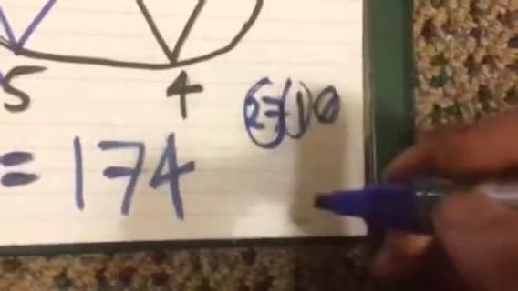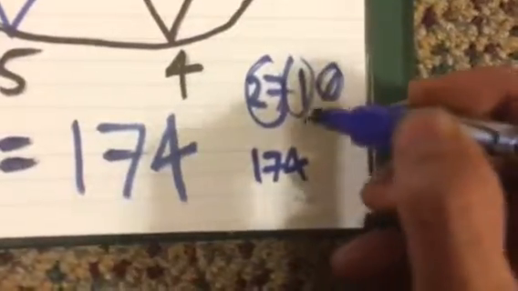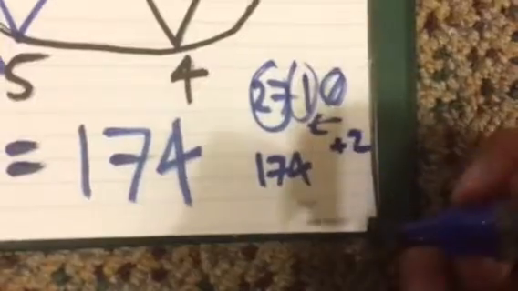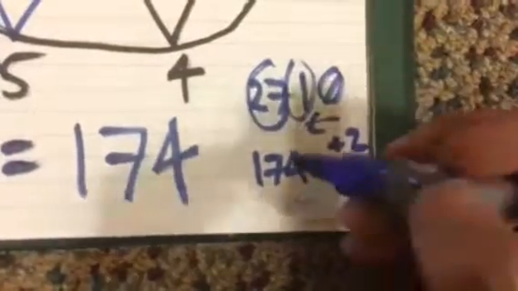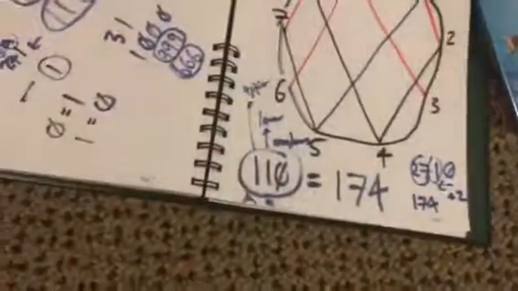Circle and circle. 174. And the 0 is kind of doing the hidden 0 circle. Anyway. Cool.